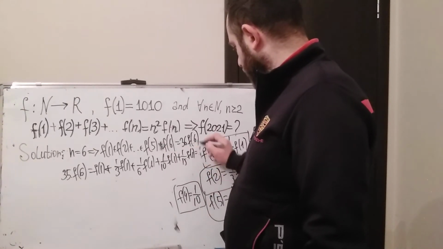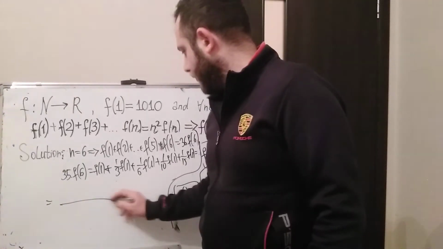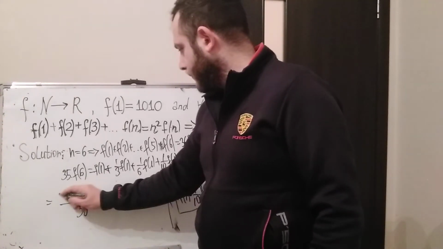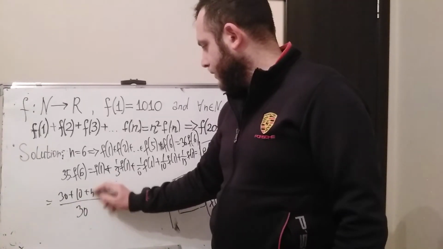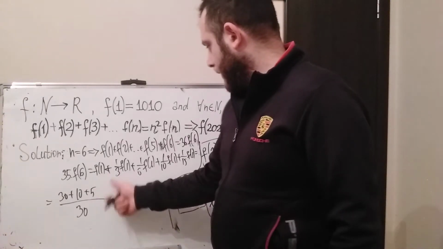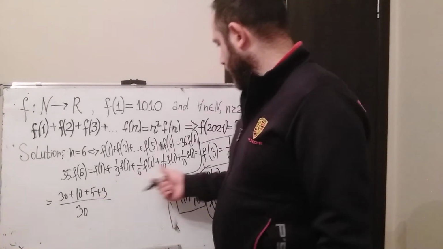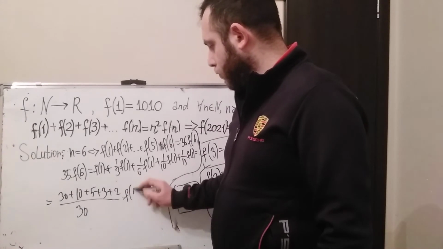So if we keep simplifying, the common denominator is again 30. It will be 30 plus 10 here, 5 here, then 10, 5, 3, and finally 2, times f01.